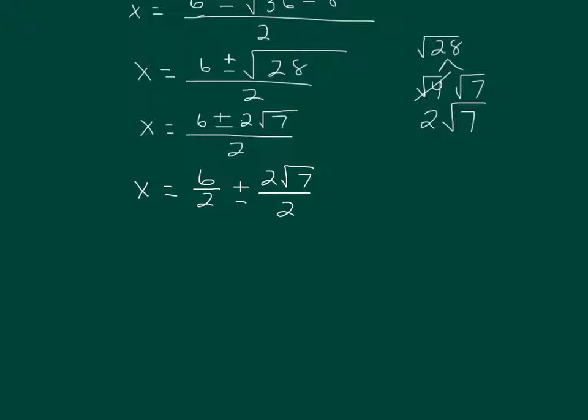And then what you can do is you can reduce these. So 6 over 2 is equal to 3 plus or minus, and then 2 root 7 over 2. The 2's cancel, so this becomes root 7. So your answer is x equals 3 plus or minus root 7. Okay, so that's a little trick.